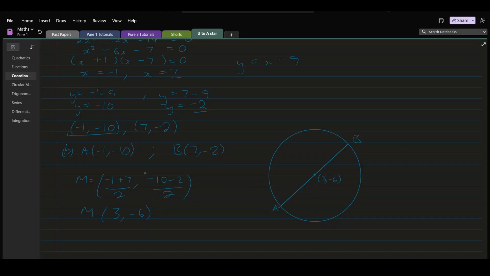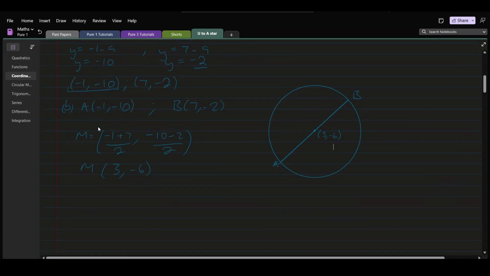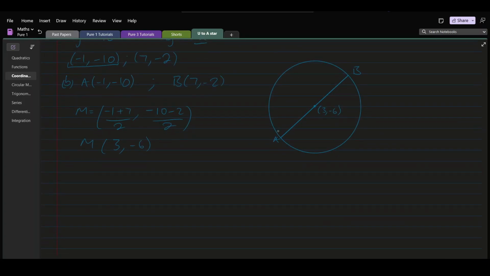And then we also need the radius for the equation of the circle. We can tell that from A to the center is equal to the radius. So if we get that length, that will give us our radius. So our radius is the square root of the x coordinate of A, negative 1, minus the x coordinate of our center, 3, squared, plus the y coordinate at A, negative 10, minus the y coordinate at our center, negative 6, so plus 6 squared.